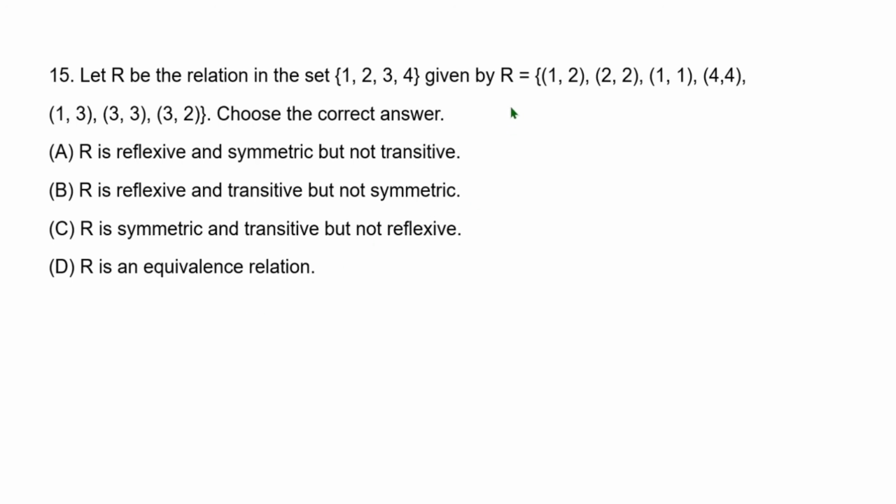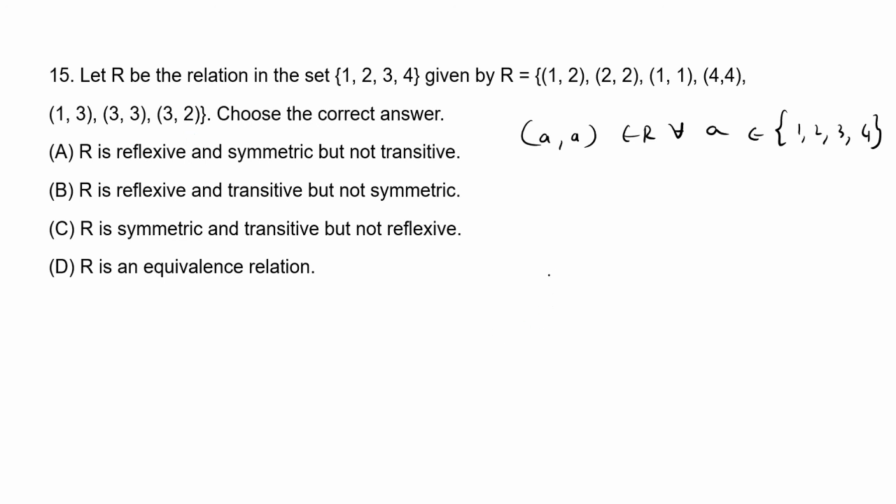So if we see R, here we have (1,1), (2,2), (3,3), (4,4) all belong to R. That is, R is reflexive. So (a, a) belongs to R for all a belonging to {1, 2, 3, 4}. But (1,2) is there in R, but (2,1) is not there in R. Similarly, (1,3) is there, but (3,1) is not there. (3,2) is there, (2,3) is not there.